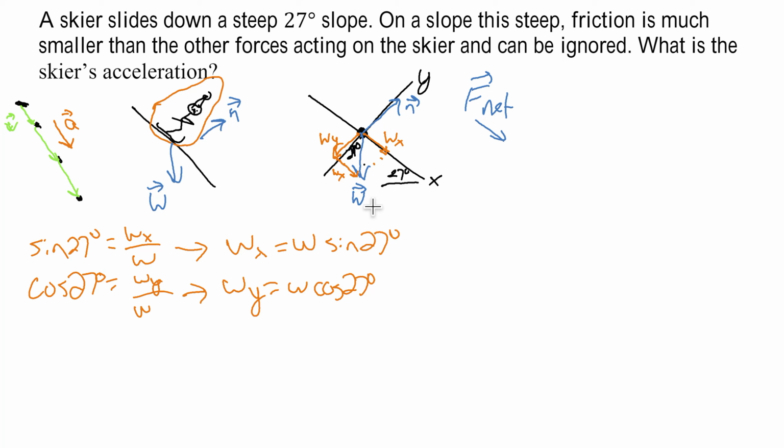Okay? So now I know what W sub x and W sub y are in terms of W, which I don't know anything about, but I know that W is actually mass times gravity, which I do know something about. I don't know anything about the mass, but I do know what gravity is. Okay?